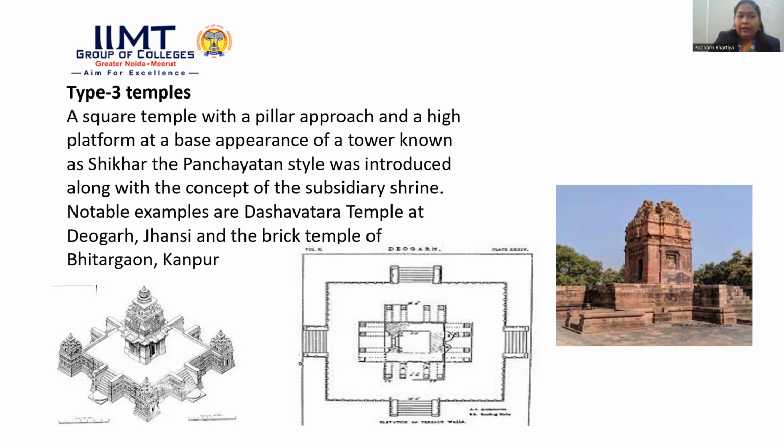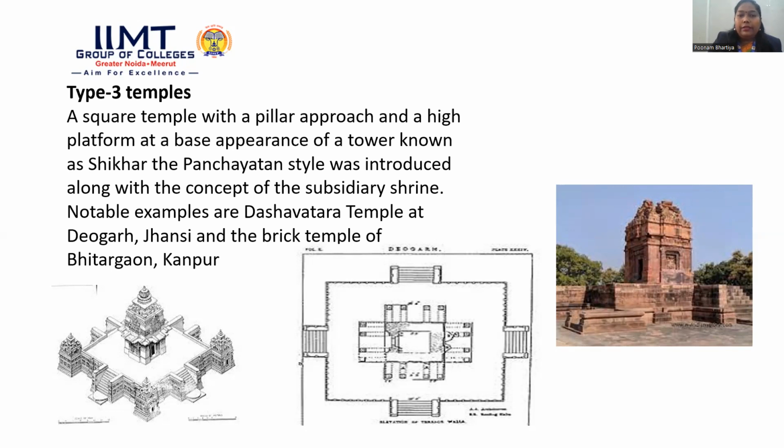In this type, the Panchayatan style of making temples was also introduced, along with the concept of subsidiary shrines. So there are basically two specialities of this type of temple: first is Panchayatan style and second is subsidiary shrines.